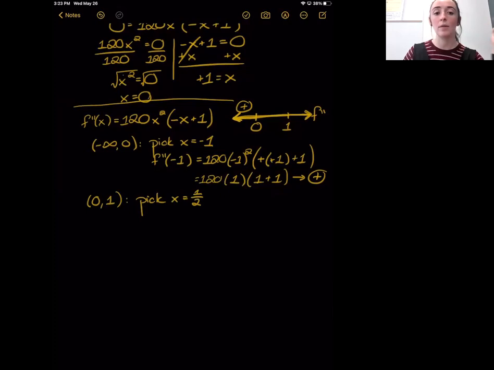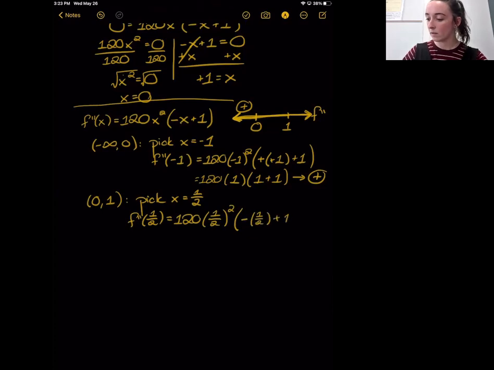And again, I'm just going to plug that into the factored form of the second derivative. So f double prime of 1/2 is 120 times 1/2 squared times negative 1/2 plus 1.